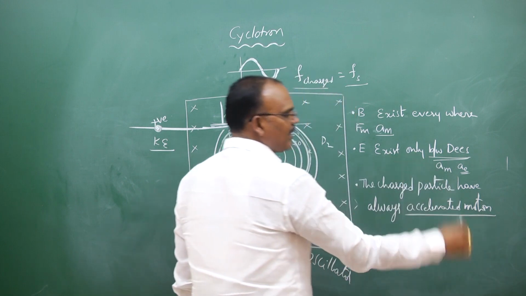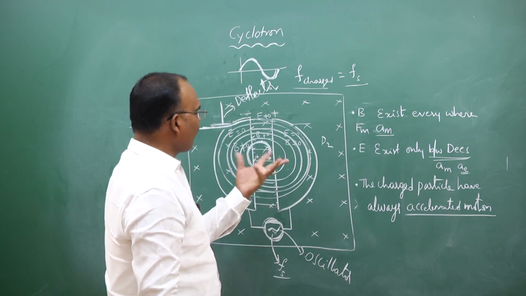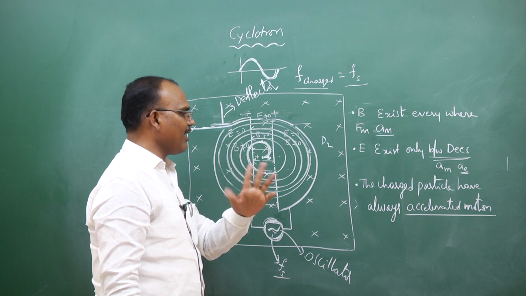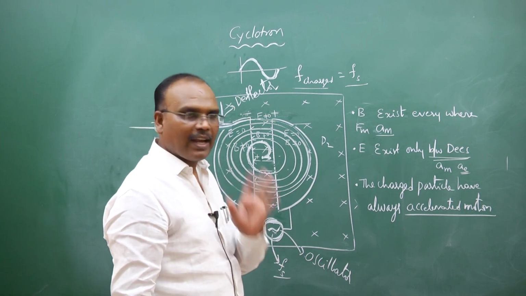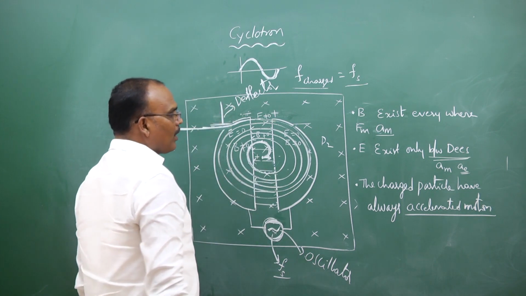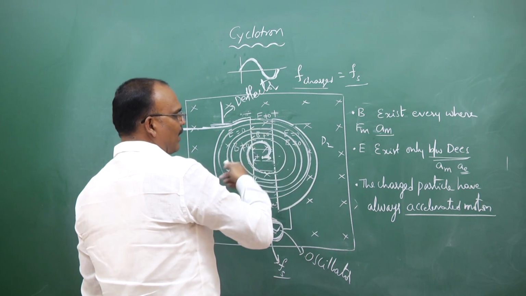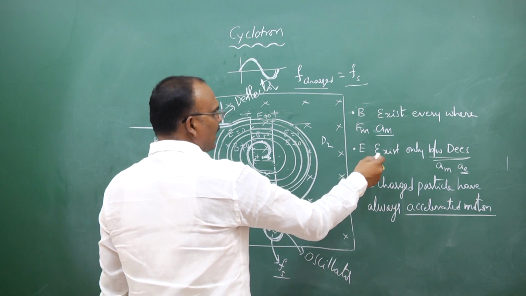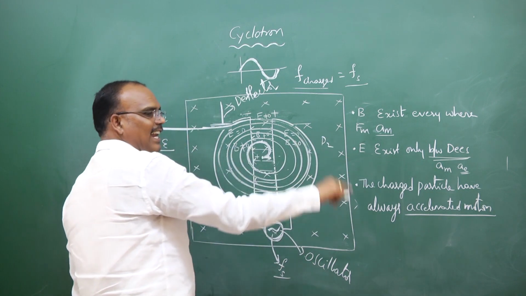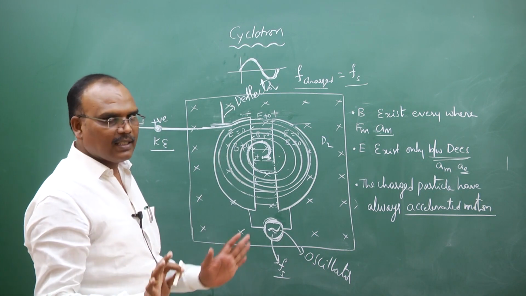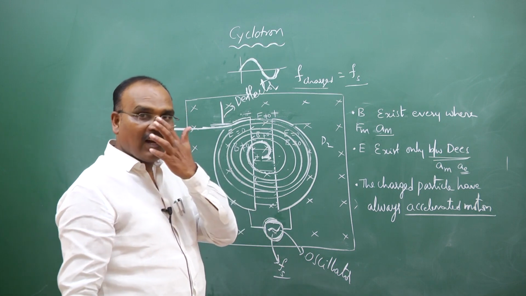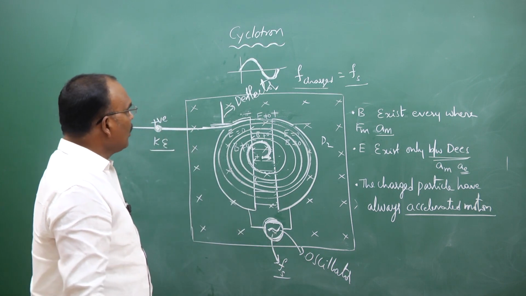Always acceleration will be there. Between the D's we have two accelerations, inside we have only one acceleration. This is very, very important. Okay, magnetic force can be used to revolve the charged particle. Electric force can be used to increase the energy of the charged particle. This is the role of both electric field and magnetic field.